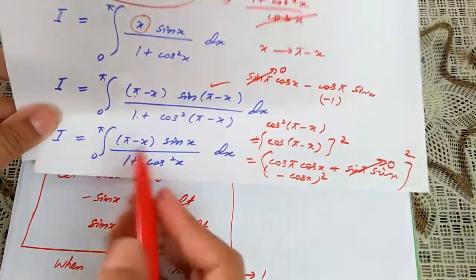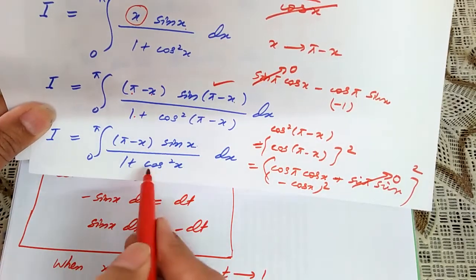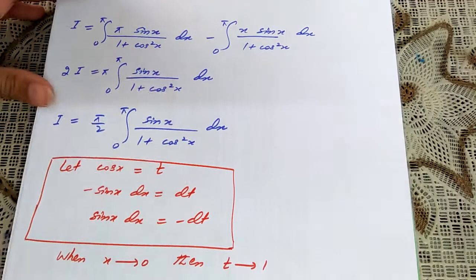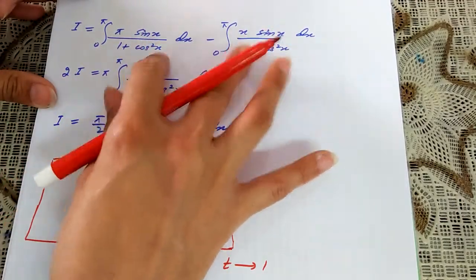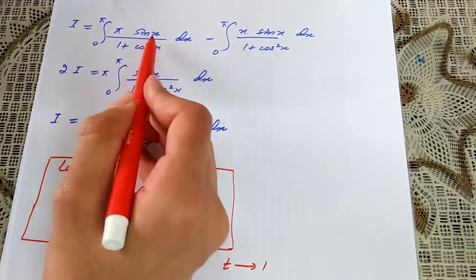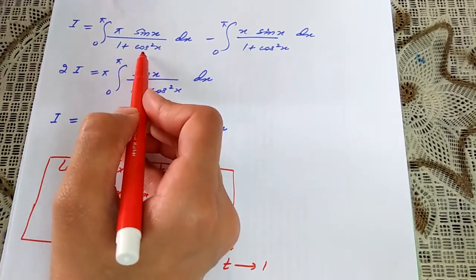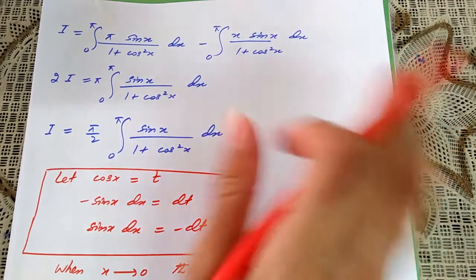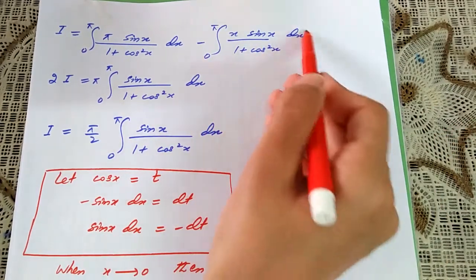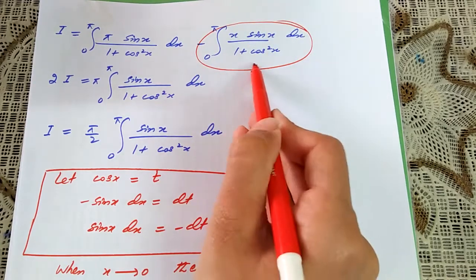Now you can separate it into two parts, pi sine of x over this thing and negative x sine of x over this thing, and break your integration into two parts with both the functions. You will get I equals the integral from 0 to pi of sine of x over 1 plus cos square of x, negative the integral from 0 to pi of x sine of x dx over 1 plus cos square of x. This is equals to I, the same thing.